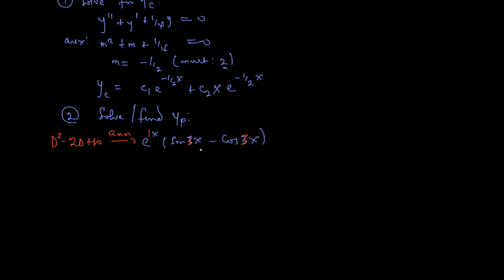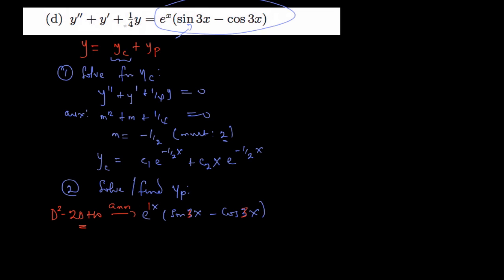Having known the annihilator operator of the right hand side, I'm going to apply the annihilator to both the left and right hand side of the non-homogeneous differential equation. So let's apply that.